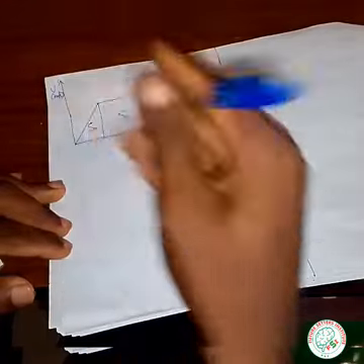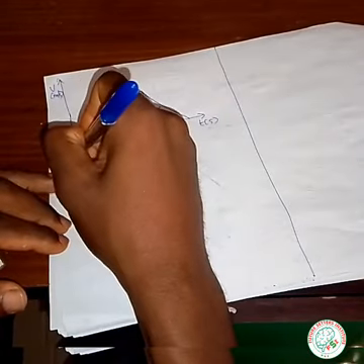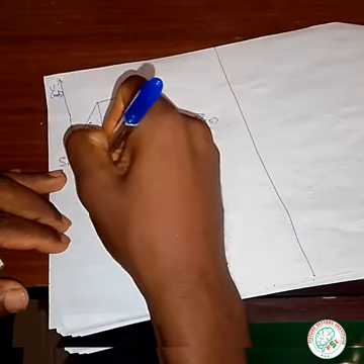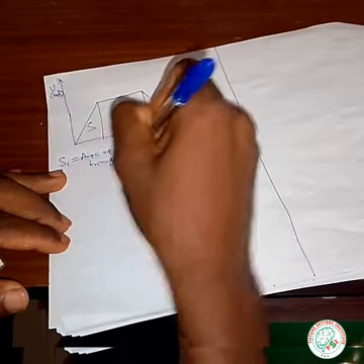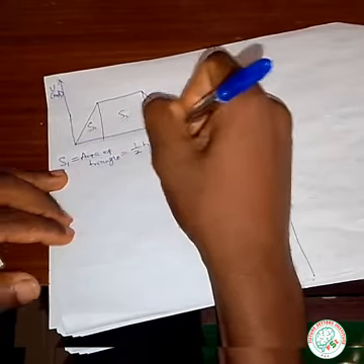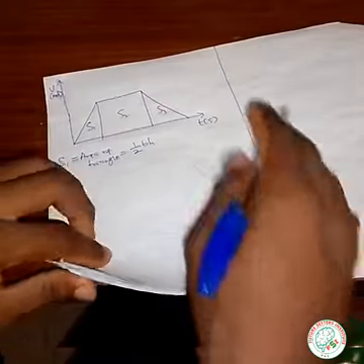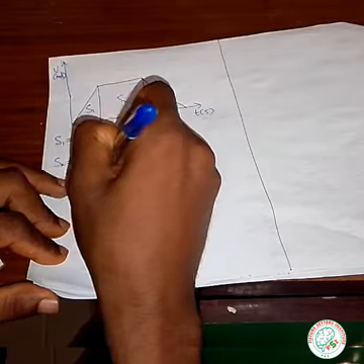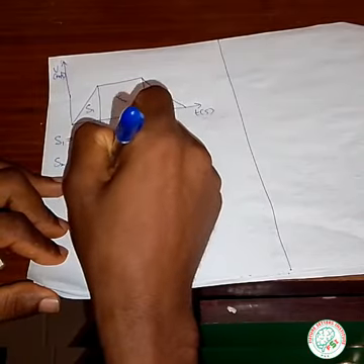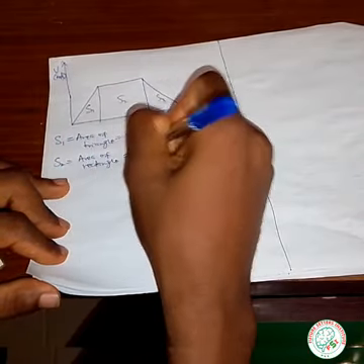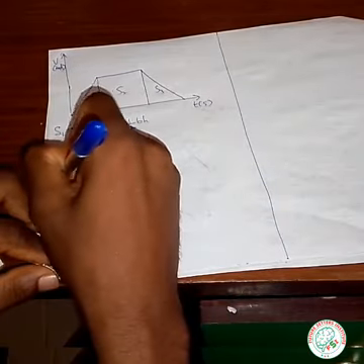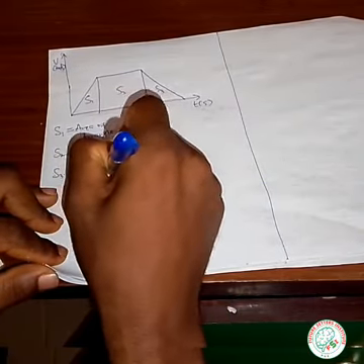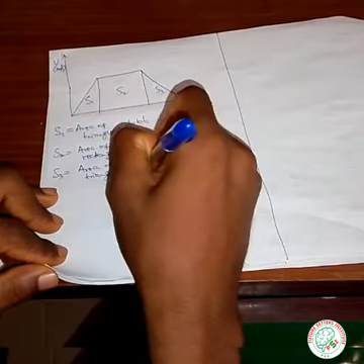For us to solve this, the first thing is to find S1. S1 is the area of a triangle, and the area of a triangle is equal to 1 over 2 base times height. Then S2 is the area of a rectangle, which is equal to length times breadth. Then S3 is the area of a triangle, which is half base times height.